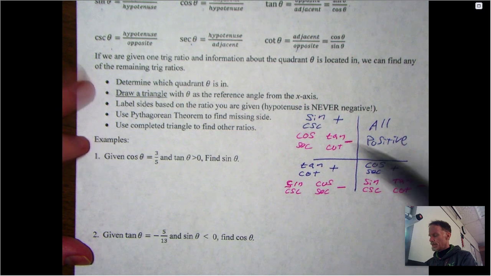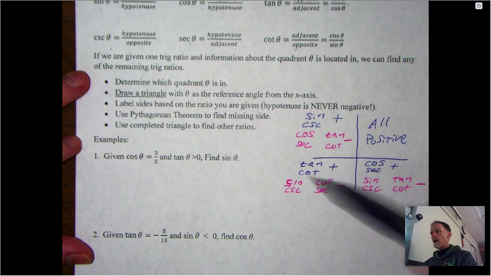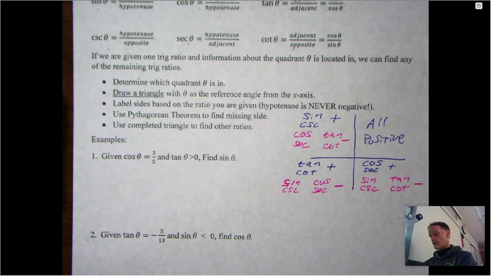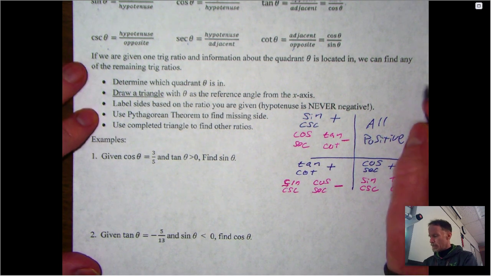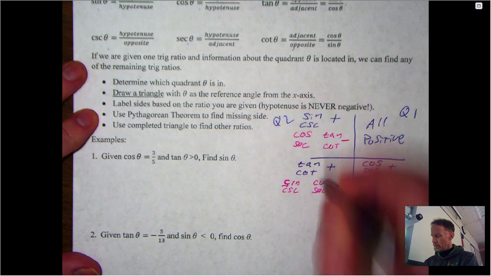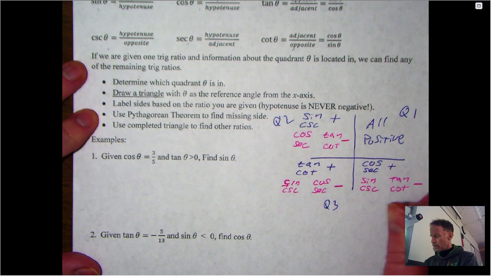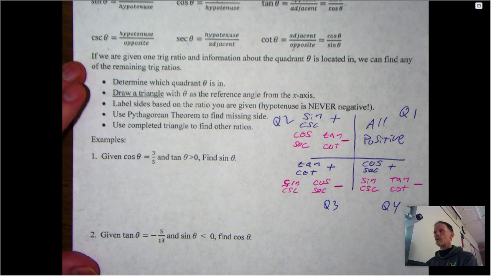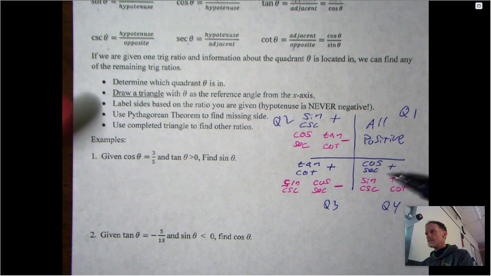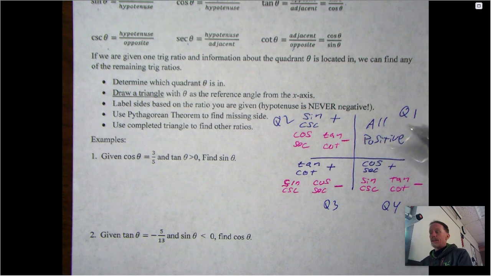The other thing we need to be comfortable with before we start on the examples is knowing your quadrants and which trig functions are positive and negative in which quadrant. I have a little cheat sheet here for you: quadrant 1, quadrant 2, quadrant 3, and quadrant 4. Make sure you understand these. They're based on the x and y values.